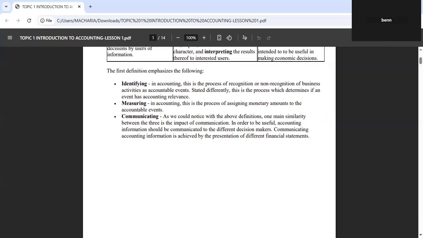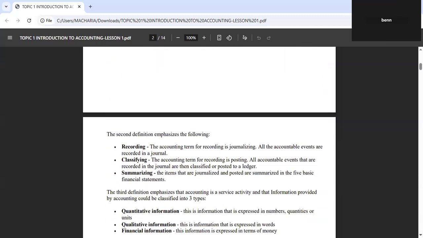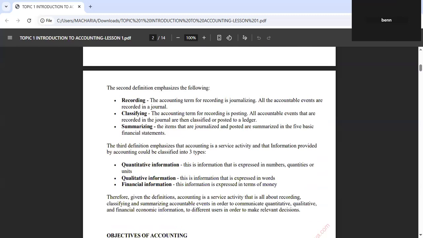Now, the second part there, we also see that accounting involves recording, meaning as you monetize your item, as you make your item have value or you measure the value of your item, you record. Therefore, the accounting term for recording is journalizing.